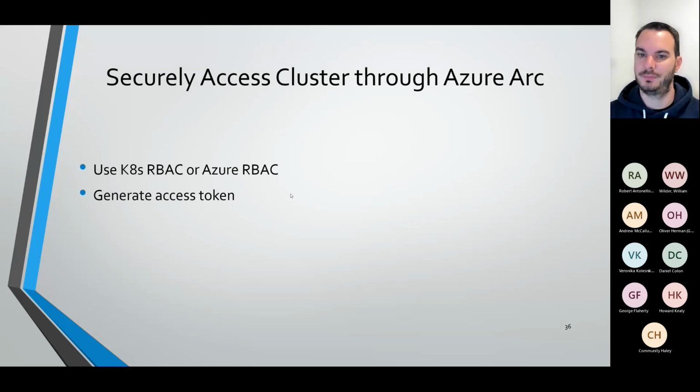And as I said before, for the proof of concept, we wanted to make it as simple as possible. And so we decided to go with the Kubernetes RBAC system, because for Azure RBAC, you have to do some Azure Active Directory app registration. You need an administrator doing this for you, and it's more complicated.